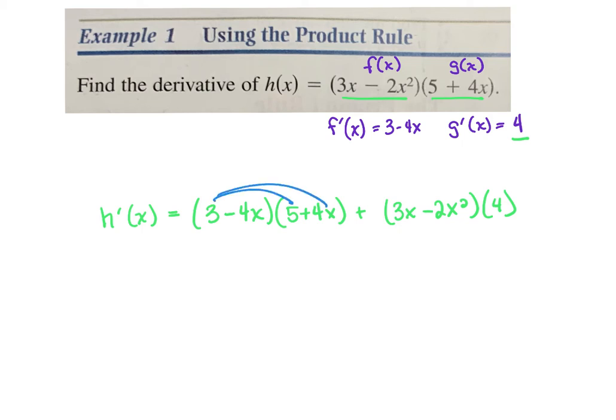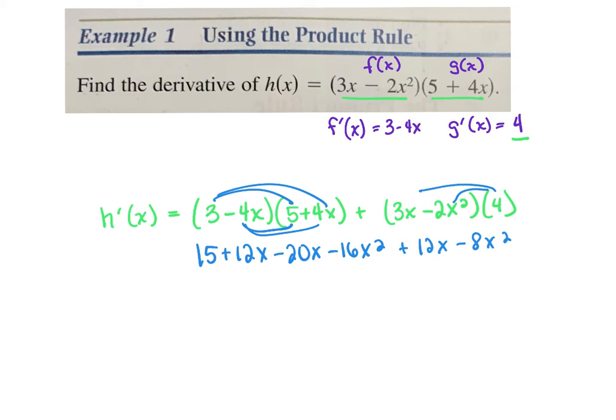So we're going to distribute our 3. We have 15 plus 12x. Distribute your negative 4x. We have negative 20x minus 16x squared. Distribute your 4: 12x minus 8x squared. And then combine your like terms, highest to lowest, because this should be standard form.